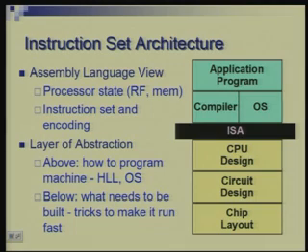So, this is a typical view of where we place instruction set architecture in between software and hardware. So, at top you have application programs which are able to run on a processor with the help of some system software. For example, a compiler is required to translate these high level language programs to machine code, and the OS is required to manage the resources and make it possible to compile, load and execute programs.